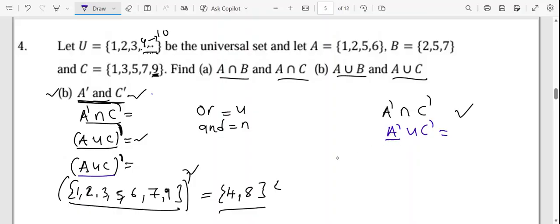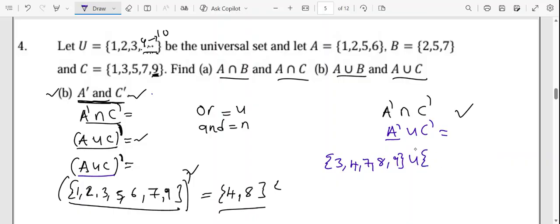Okay, so we are listing elements that are in A complement, right? What are those elements? Besides these, so we have four, right? Three, four, seven, right? Union.